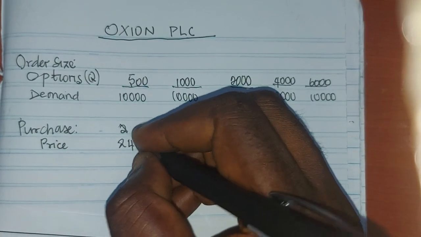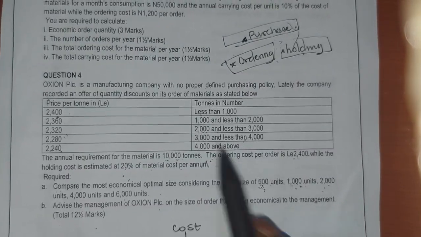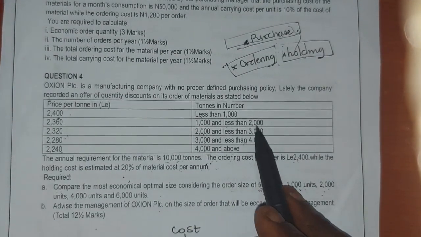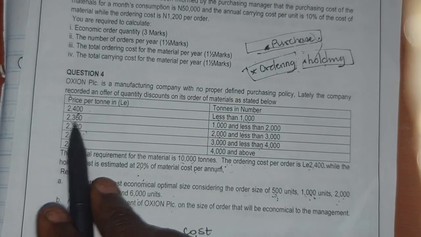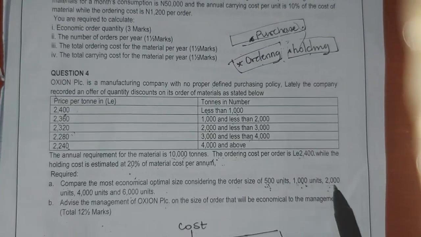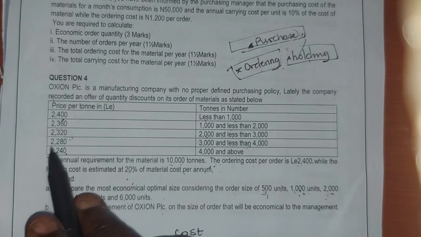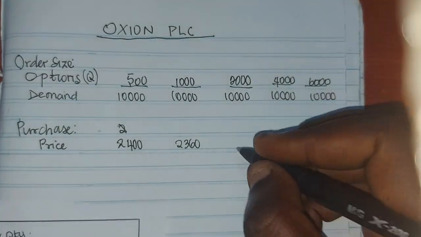Then for 1,000, that is 1,000 and less than 2,000, it falls within this price, and that is 2,360. Then for 2,000, it falls where 2,000 to less than 3,000, so you use this price. They are discounted.